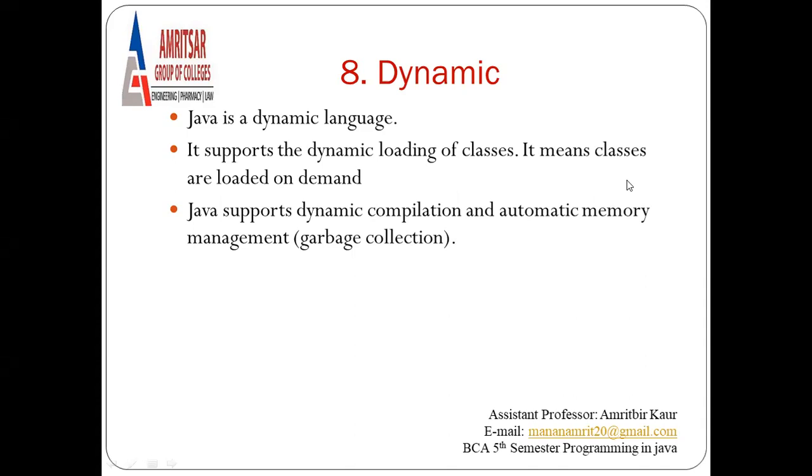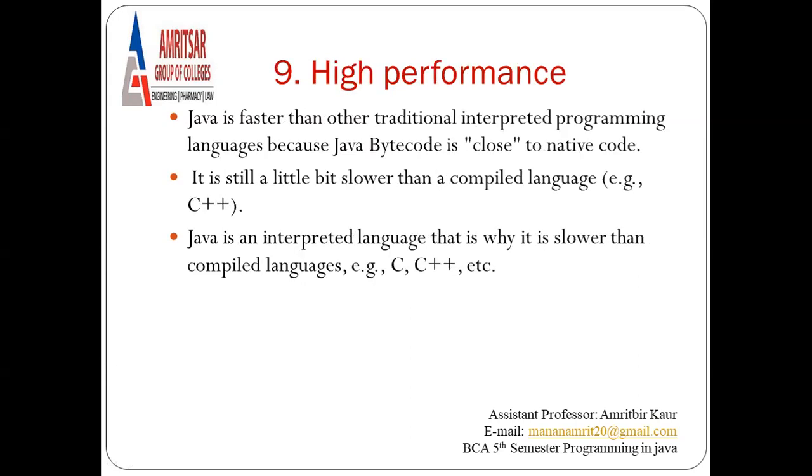It means when we create an object and use it, and then the object is free, it can be determined at runtime, meaning dynamically. So garbage collection is implemented with the help of this dynamic feature, and automatic memory management is done because of it. So our Java is a dynamic language.